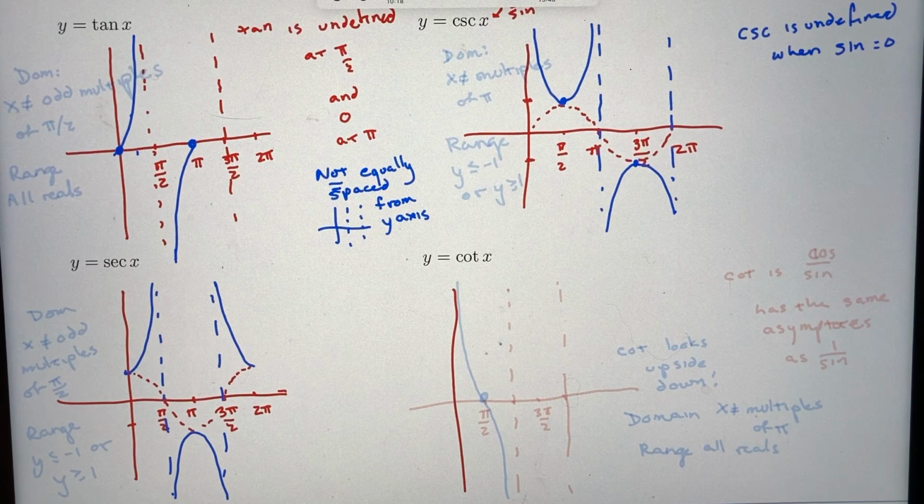All right, cotangent. One more. Let's see. Cotangent has asymptotes.